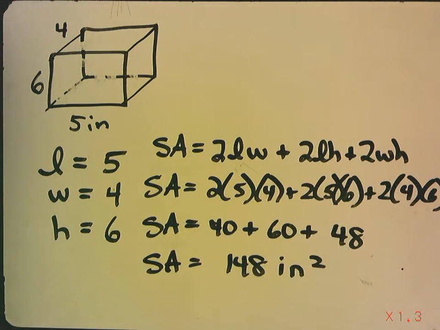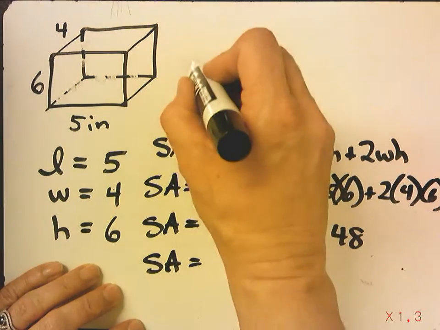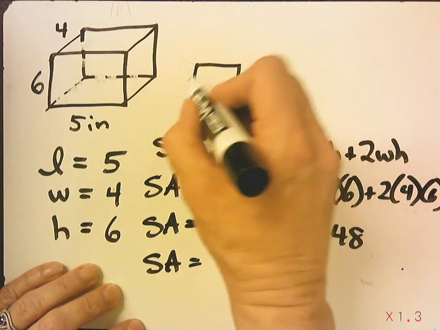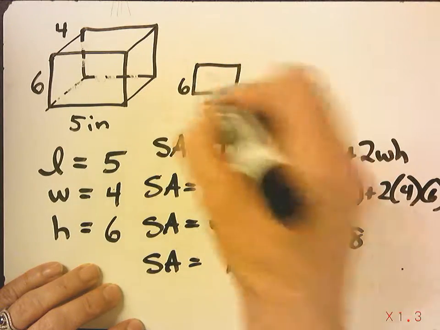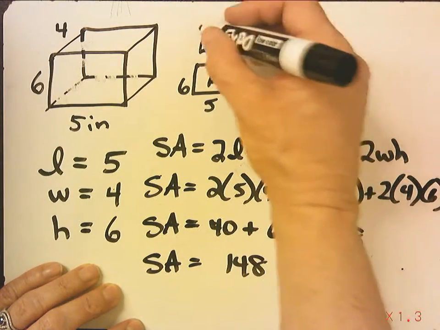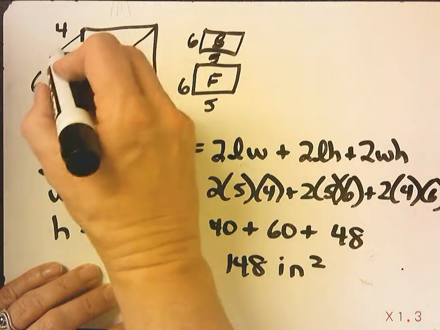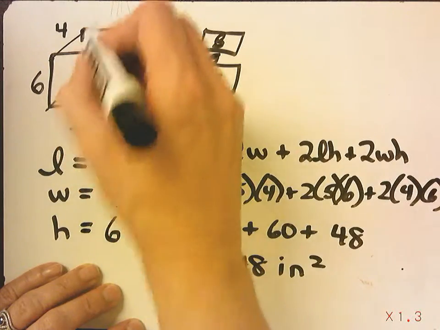Now, the other way you would do it, and you can see where the formula comes from, is the front of this is 5 by 6. And there's a front and there's a back. And the front and the back are both 5 by 6. Then we have the top and the bottom.